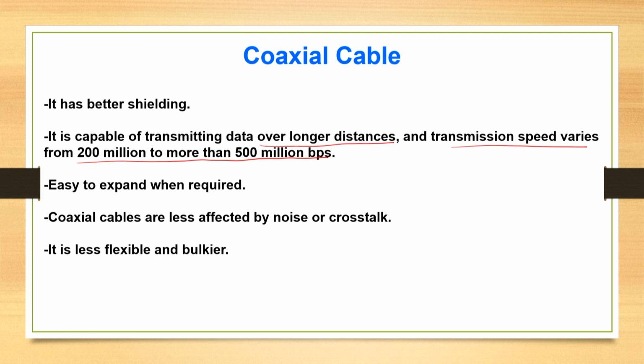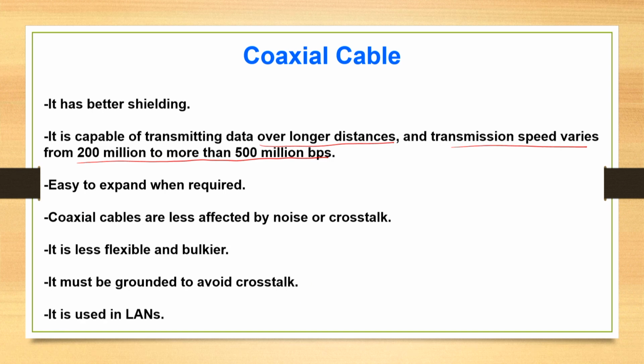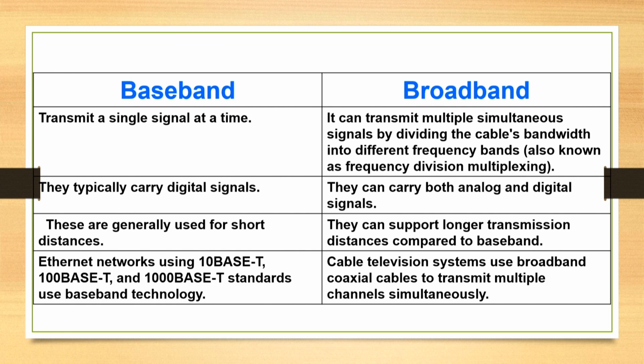It is less flexible and bulkier as compared to the twisted pair, and it must be grounded to avoid crosstalk, and it is generally used in LAN, that is local area networks. It is further of two types. It may be baseband or broadband.